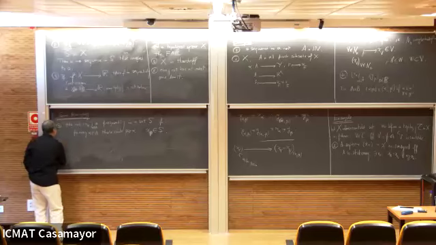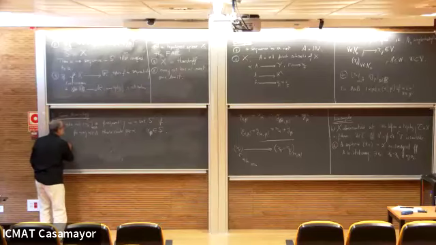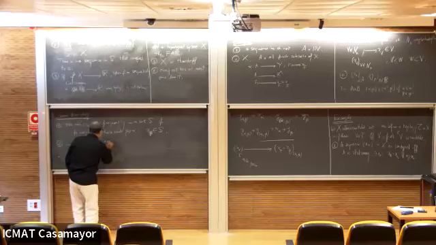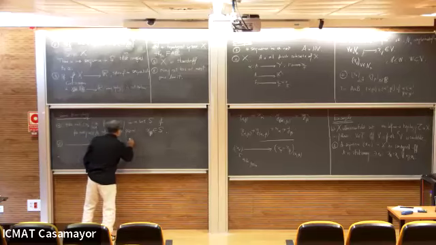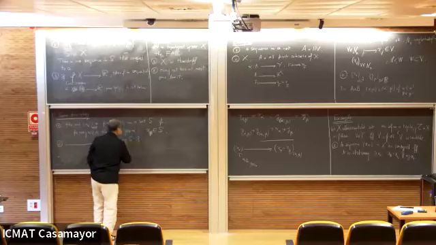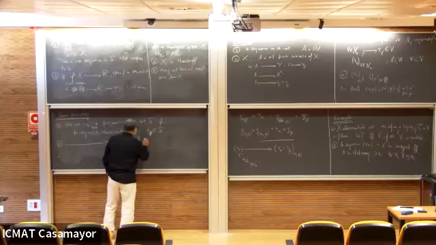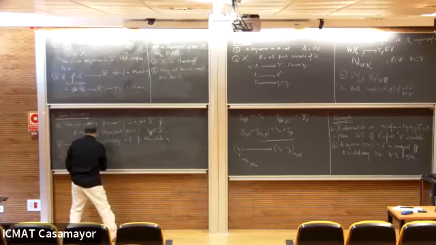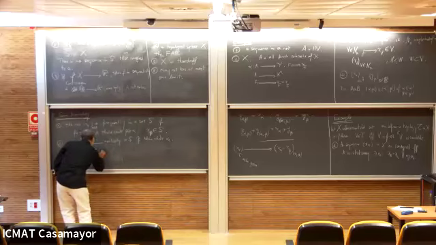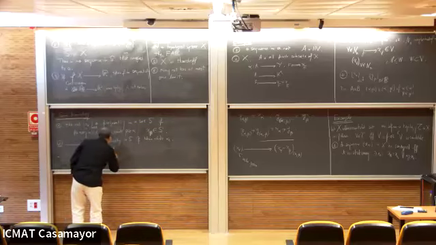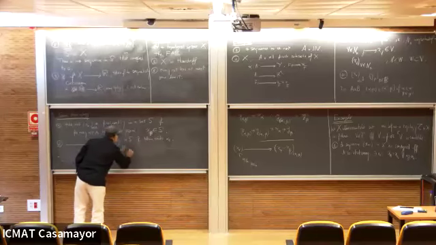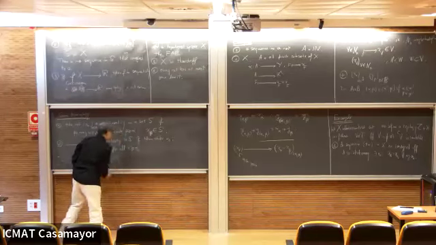Second, the net X alpha is eventually in S if there exists alpha 0 such that X alpha belongs to S for all alpha more or equal than alpha 0.